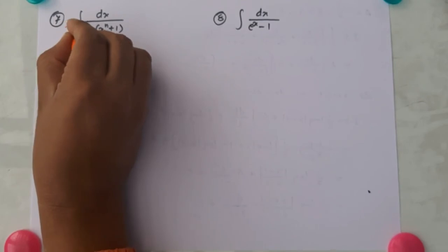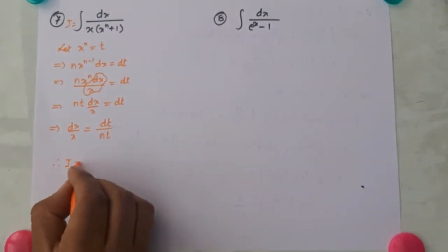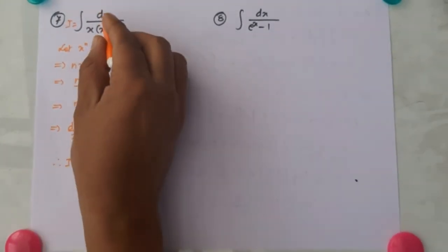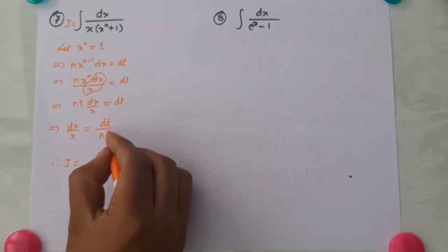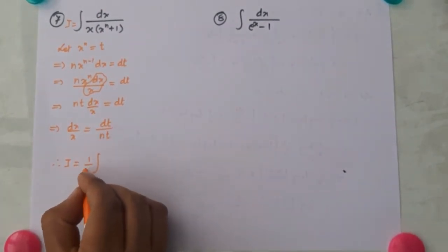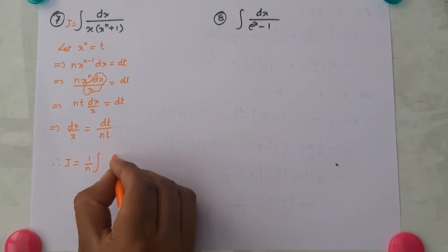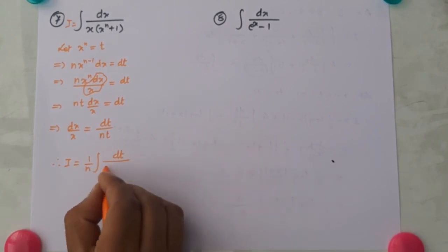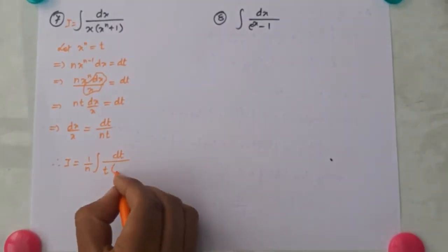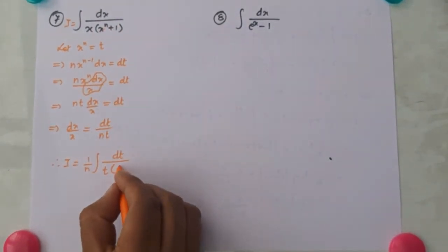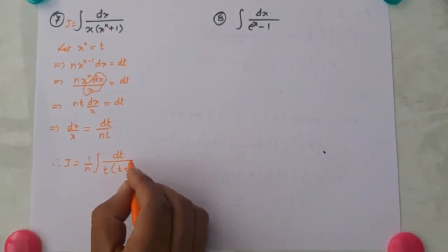So if this is your integral I, your I will change into integral, see here carefully, dx by x is dt by nt. So n is a constant, will be kept outside the integral sign. So this becomes dt by t. Now you have into x to the power n is t, so t plus 1.